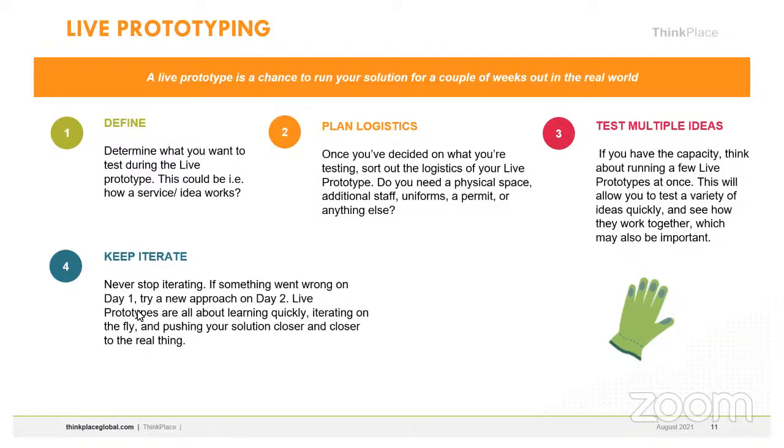Then keep iterating. Never stop iterating. If something went wrong on day one, try a new approach on day two, just as I've told you. Live prototypes are all about learning quickly, iterating on the fly, and pushing the solution closer to the real thing.